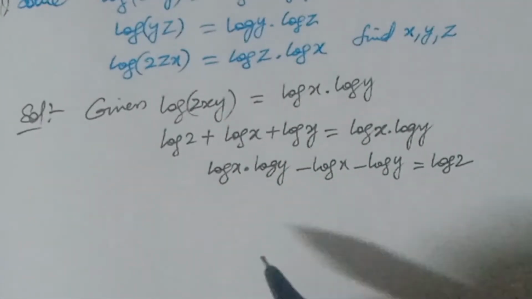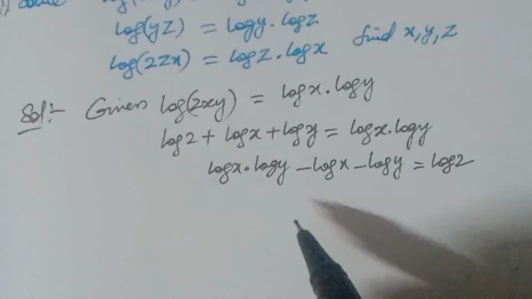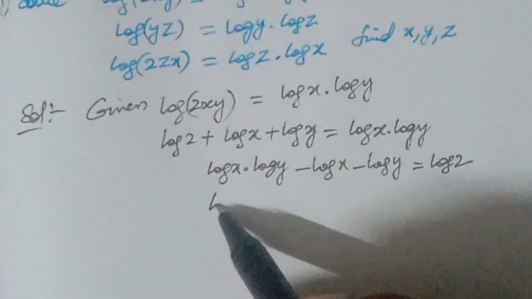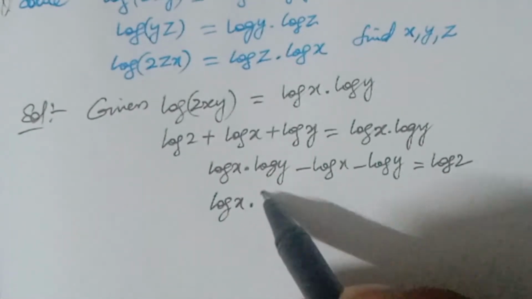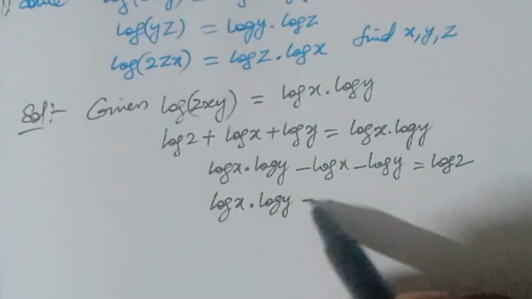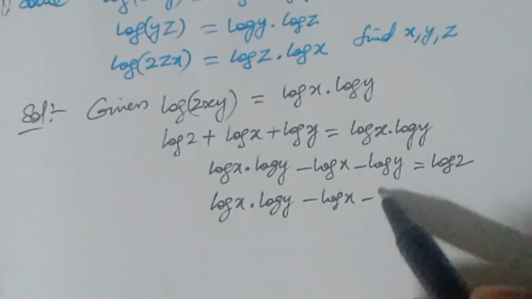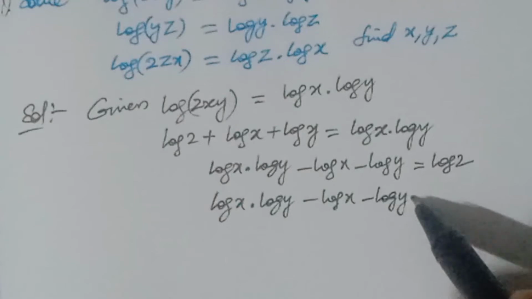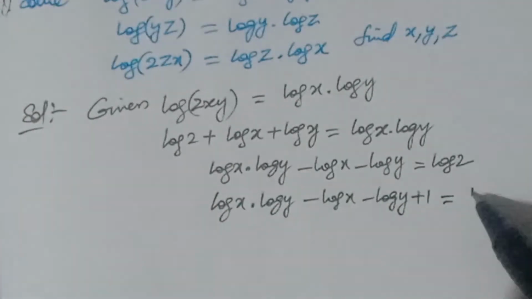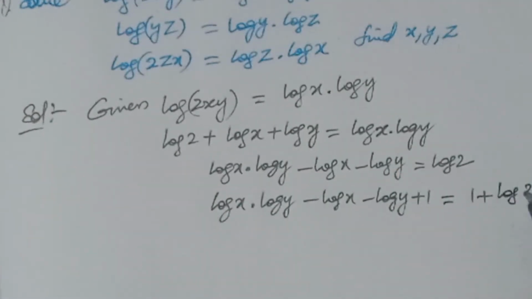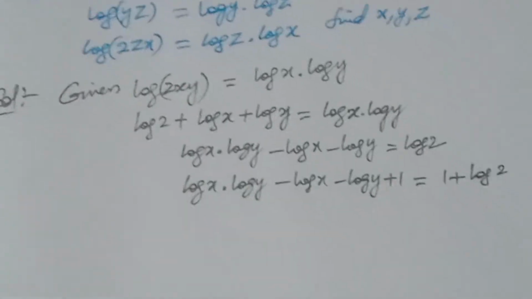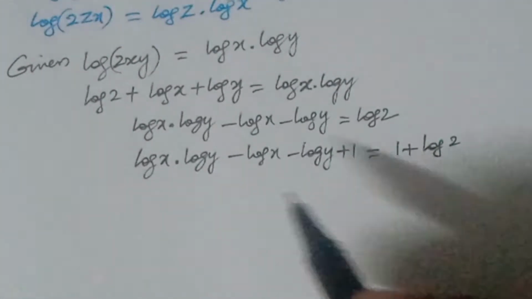So here you can write it as adding 1 now. This is the logic we are having. Log x into log y minus log x minus log y plus 1 is equal to 1 plus log 2. You will get this by adding 1 on both sides.